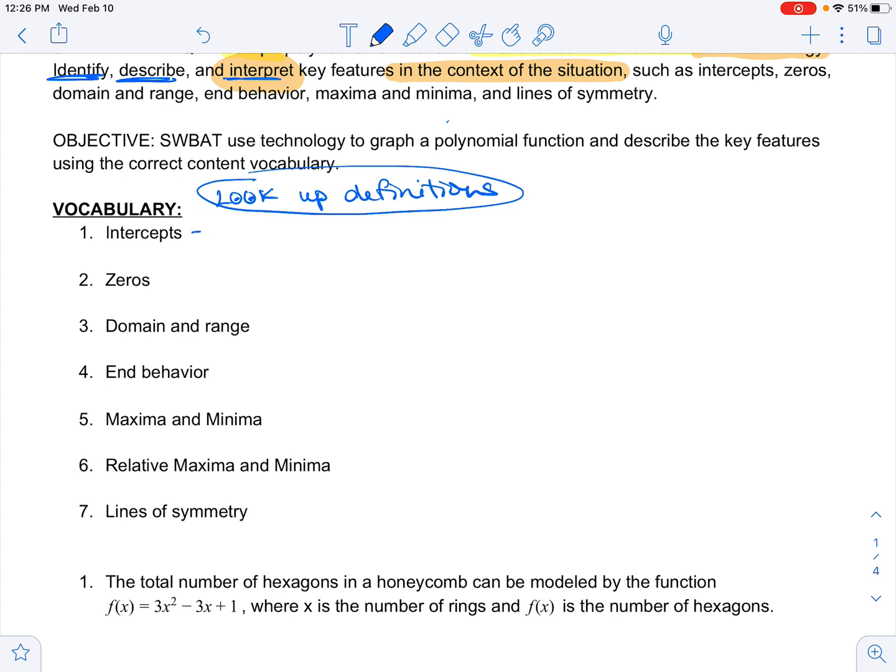So for the intercepts, what's important to keep in mind when we are interpreting the key features, this is going to be where the x and the y's are 0. Which means in terms of a real world scenario, it's going to be either the start or the end.